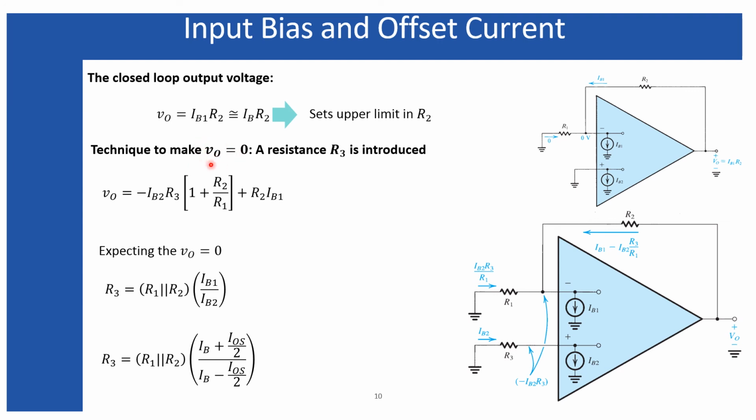However, the solution to bring V0 to 0 is easy. Just like R1 appears at the inverting terminal, we can connect another resistor R3 to the non-inverting terminal.